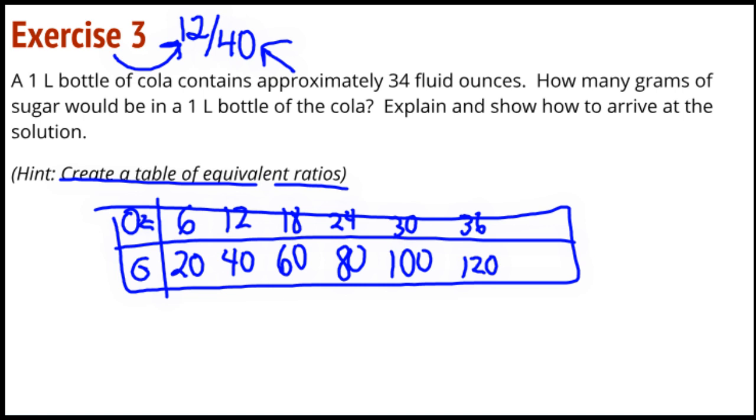I don't have 34 on my table. 34 ounces should be between 30 and 36, but when I was counting by the sixes, I didn't land on 34, so I don't have 34 on my table of equivalent ratios.